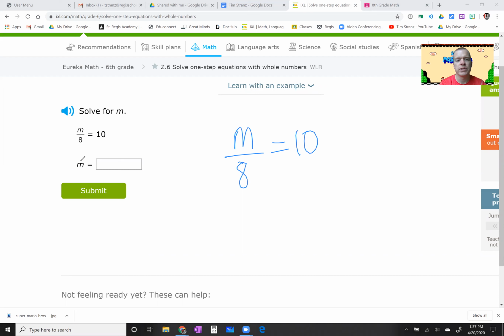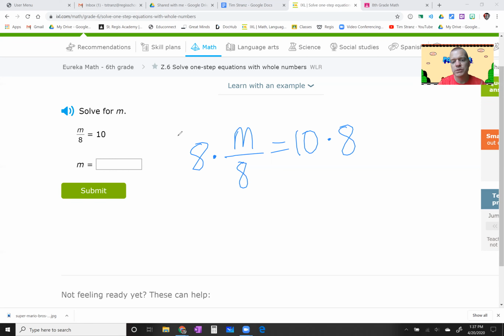Just like they did over here, we need to get m all by itself. Right now it says m divided by 8. To get rid of this 8, we need to do the opposite of division, which is multiplication, right? So we're going to multiply this side by 8, but it's a scale. So if you do something on the left side, you have to do it on the right side. So we're going to multiply that side by 8.